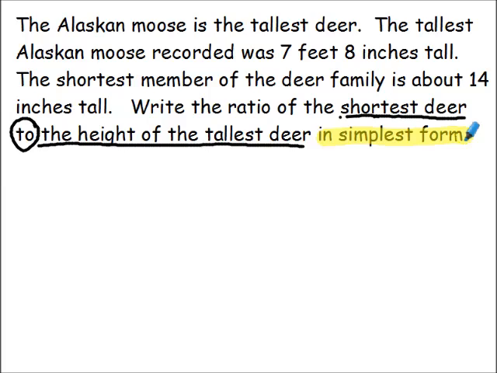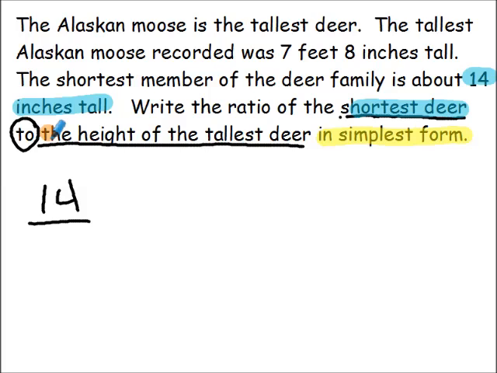So we'll start with the shortest deer. The shortest member of the deer family is about 14 inches tall. So we have 14 to the height of the tallest deer.